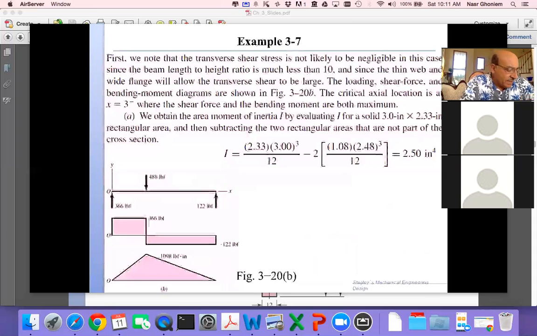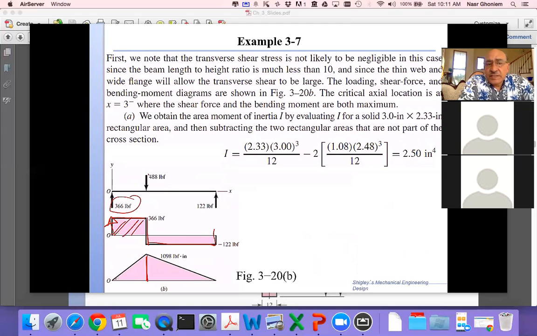We have a reaction of 366 giving us this force up 366, constant here, and then the 488 drops down to minus 122, constant. So this is what we've learned before, and we also can find the bending moment diagram by just area under the curve. Here would give us the height in this location, which is 1098.